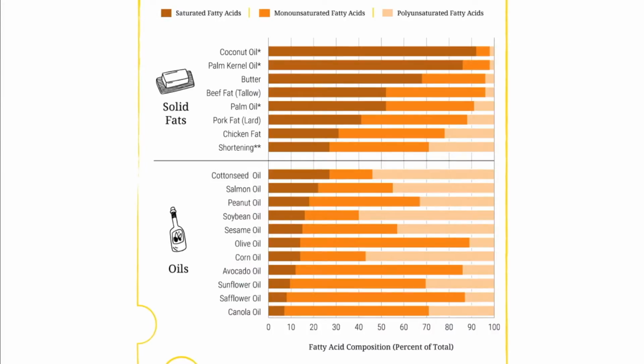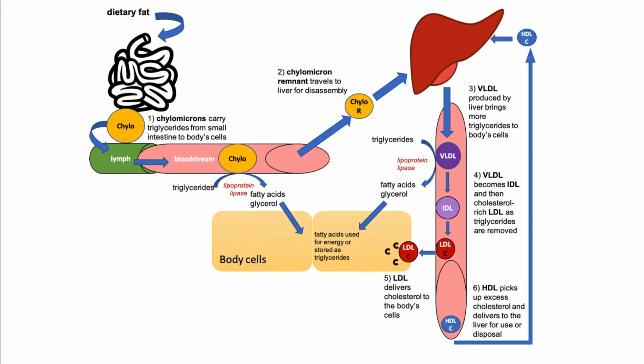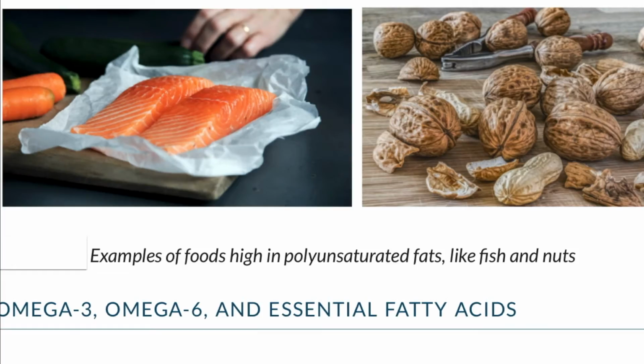Fat in poultry and eggs is predominantly unsaturated and contains more monounsaturated than polyunsaturated fatty acids. Food sources of predominantly polyunsaturated fats include plant oils such as soybean, corn, fish, flaxseed, and some nuts like walnuts and pecans.